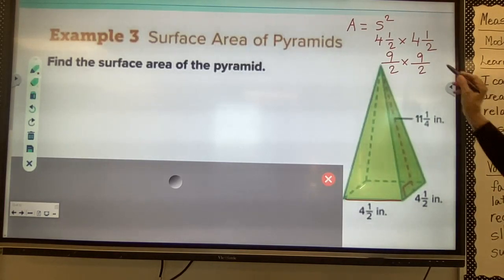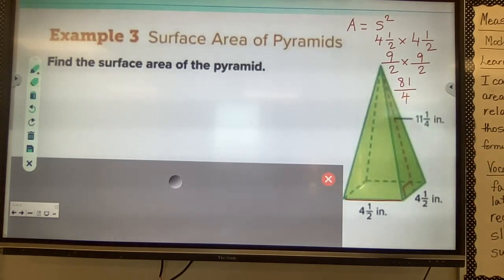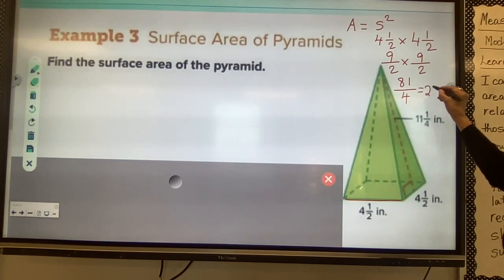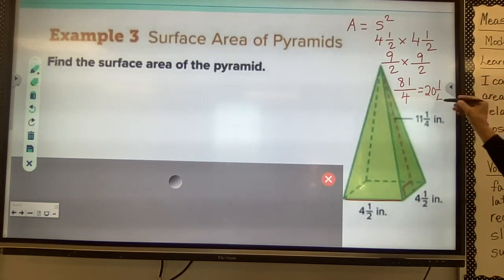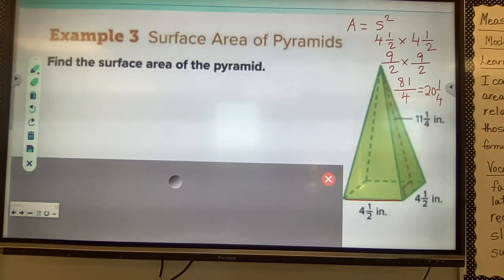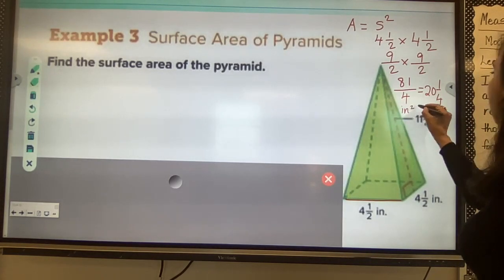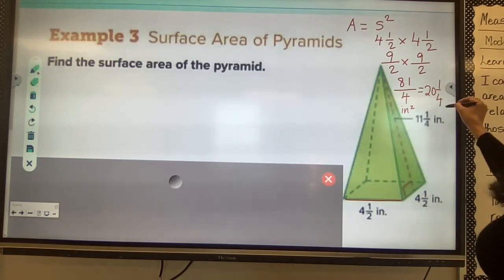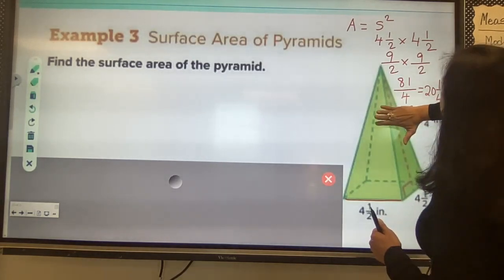I get 9 times 9, 81, and 2 times 2 is 4, which gives me 20 and 1/4 inches squared. I just want to write this here, but it's not fitting. There we go. Let me remove this part.